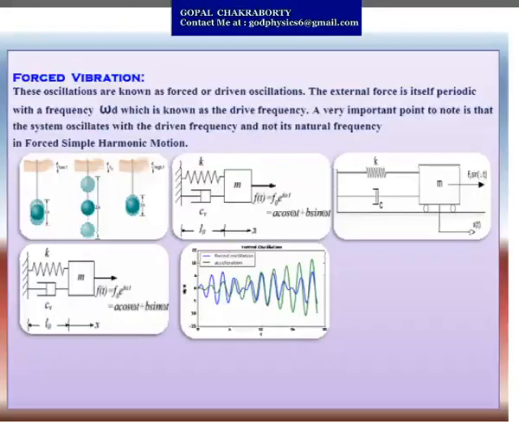You can see here lots of examples of forced vibration. You can see the graph, it is clearly explained.